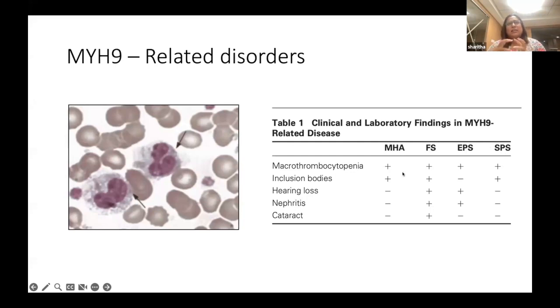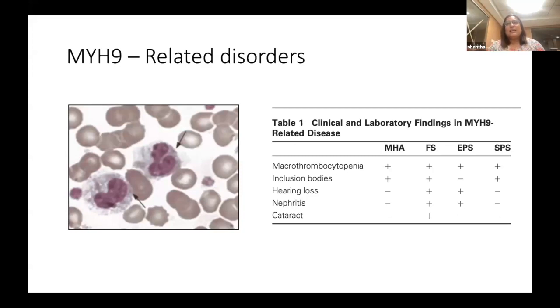So a little bit of history about May-Hegglin anomaly. Dr. May described macrothrombocytopenia in 1909 in a family with asymptomatic macrothrombocytopenia. That is when it was said that it can be congenital macrothrombocytopenia.